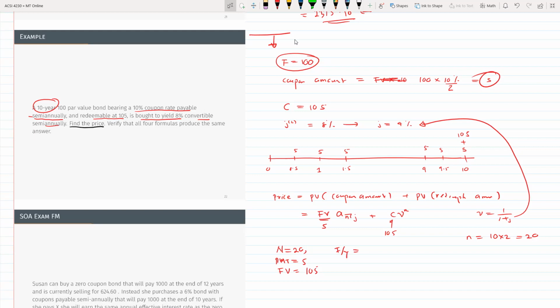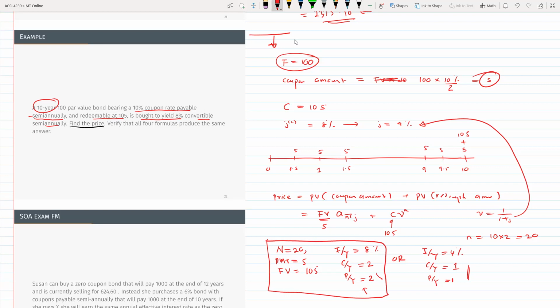If you use 8%, then you have to set compounding per year to be 2, payment per year to be 2. Or you can set I/Y to be 4%, but in that scenario, you have to set compounding per year 1, payment per year 1. Because this one is nominal, and this one is effective per coupon period. So you have to understand that difference. I'm going to use the first approach. You can check the other one, and it will give you the same answer.